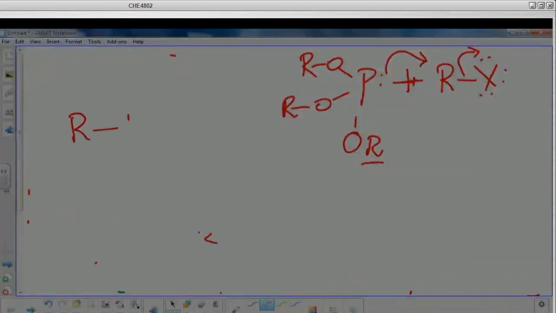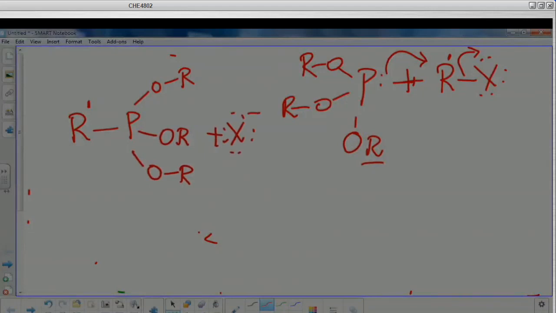is that you are forming a bond between P and R. So you will have R, P, O, R. I must put the other one as R prime so that you can see the difference. And then you've got O, let's say R, and then R, like that, plus X negative, and then you have a positive charge there.